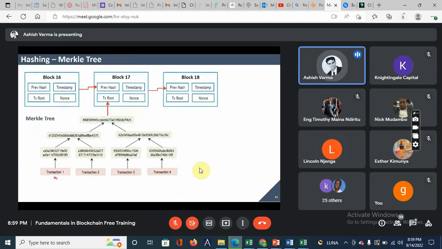Let's say this is a transaction, and I have a PDF file here. I don't want to tell anybody that it's a PDF file, but I want to keep it secure. So I pass it to a SHA-256 algorithm and create a hash against it. And from this hash, you cannot know whether it's a PDF file or a Word file or an Excel file or something else.